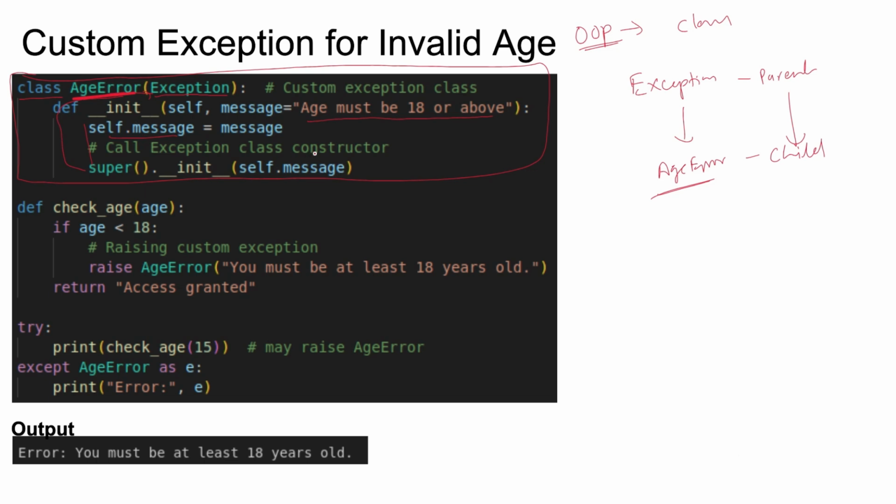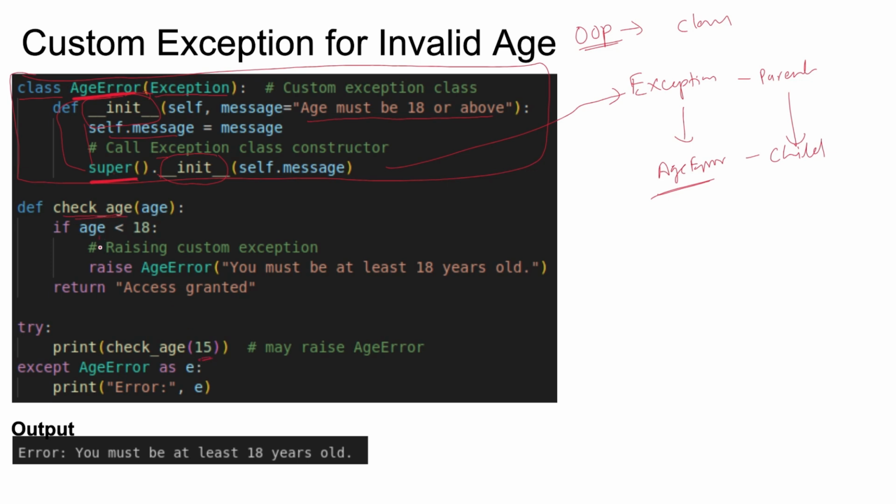Call the Exception class constructor. So here, this __init__ is your constructor, and this constructor we are calling using the super keyword. This __init__ is of your Exception class, the Exception you are importing. Super means your base class or your parent class. Now whenever you call this function check_age, it will take age input 15.